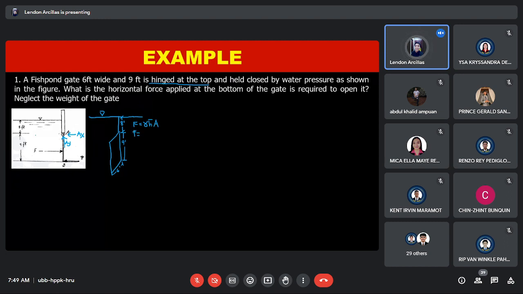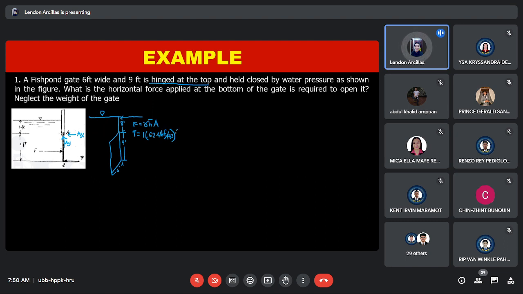So the specific weight, that is the specific weight of water, 1 times 9.81. Maiiba din dun sa exam, hindi na binigay ko yung specific weight, hindi na nakita. So this is in feet, so this is 62.4 pound force per feet cube. Yun, that is the specific weight of the fresh water.